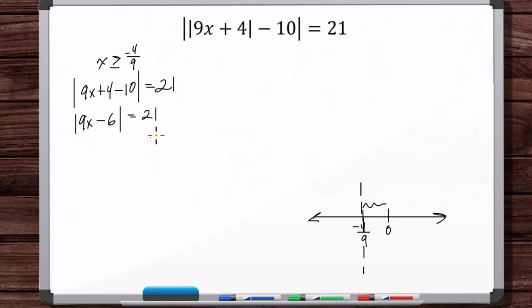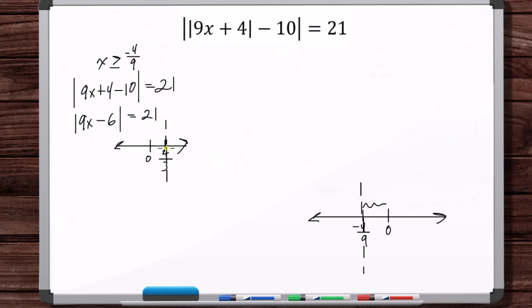Okay, but same process here. 9x minus 6 crosses over at 6/9. That's 2/3. Okay, now we're only dealing with anything greater than or equal to minus 4/9.